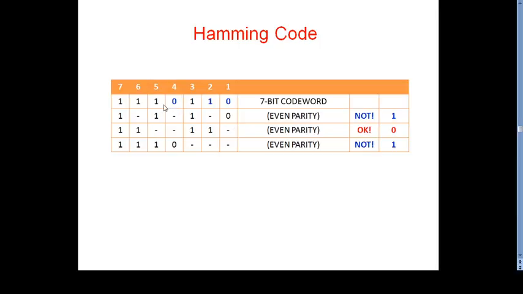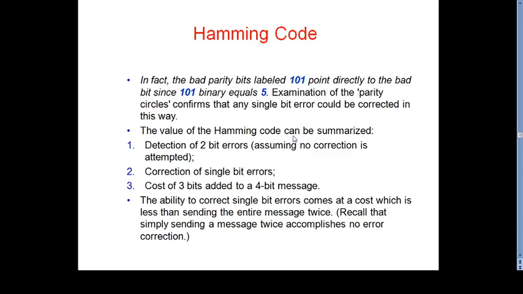For example, if we consider even parity, here the number of ones is not even, so the even parity condition is not maintained. But here if we count the number of ones, it is 4, so even parity is maintained. So this is the concept of even parity which is used in Hamming code.